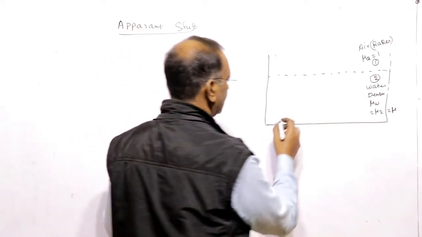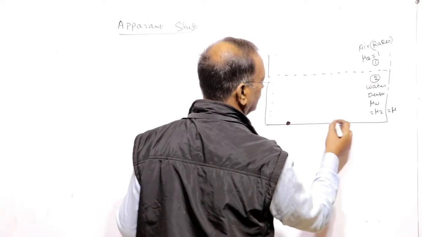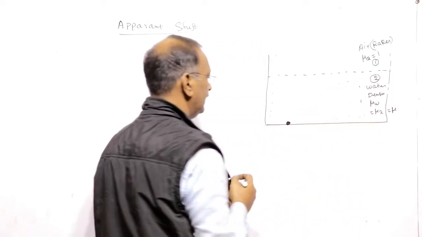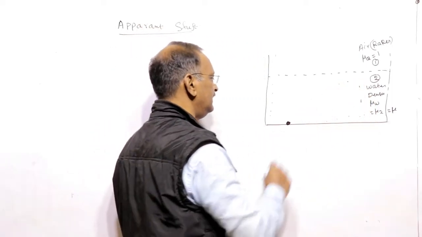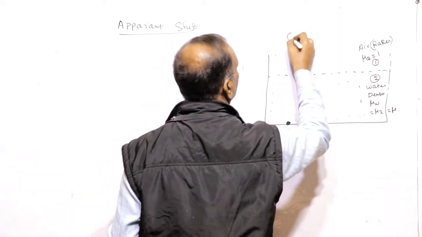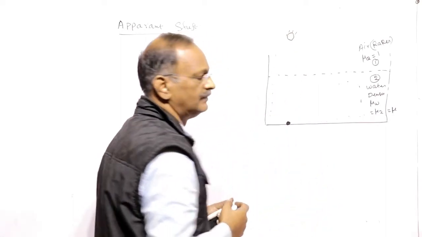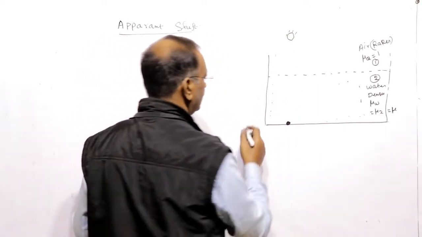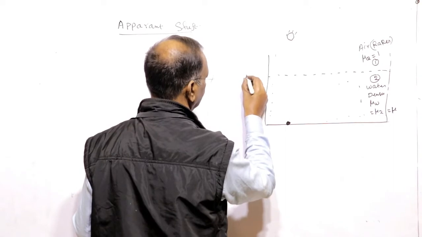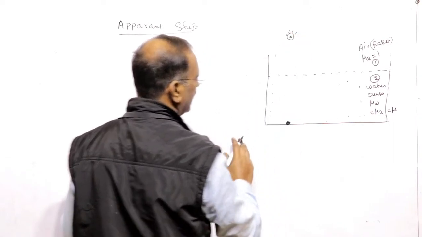Now, a coin is kept at the bottom of the water tank. Then its image will be seen here when you look from this side. When it is looked at from the air downwards, the rays coming to the eyes will see the object.